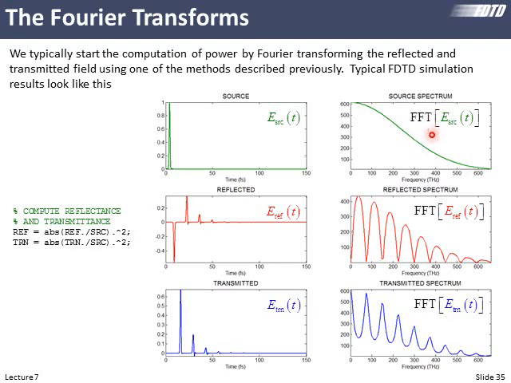So the way this is all compensated, we will take our Fourier transform for the reflected fields and divide by the source Fourier transform. And this removes the fact that there's less power at certain frequencies within the source, and we get something that looks much more flat. And we do the exact same thing for the transmitted fields. Let's see what that looks like.